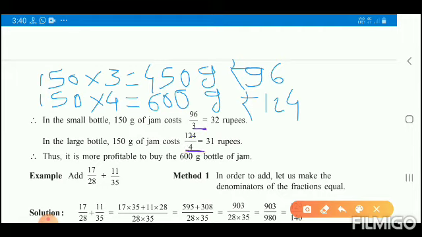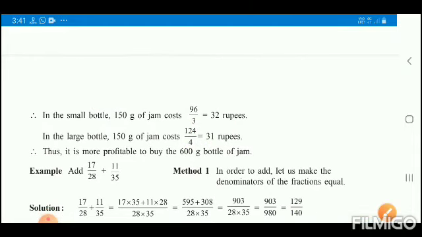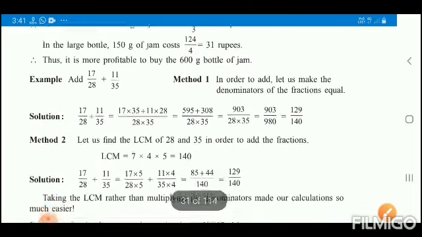So you get the answer 32 rupees and 31 rupees. Thus it is more profitable to buy which bottle of the jam? The 600 gram bottle of jam. Do you understand this? Now we will see the next example.